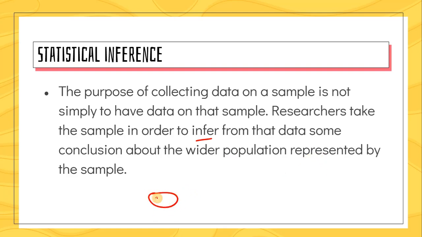So even with just a small sample, we can make this. We will try our best to collect a good sample that would reflect the population, which is the big picture.